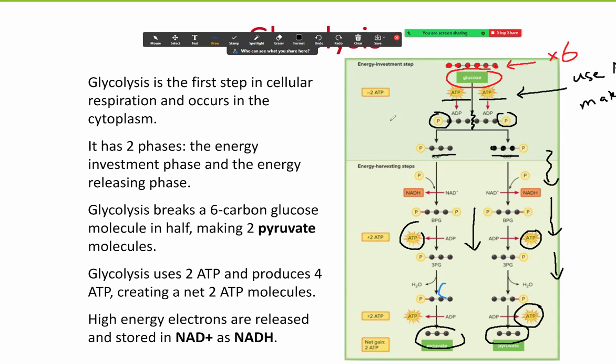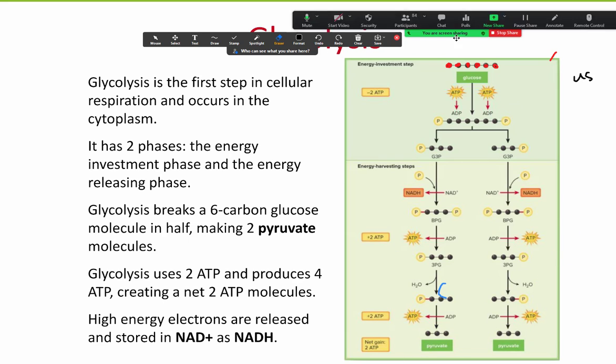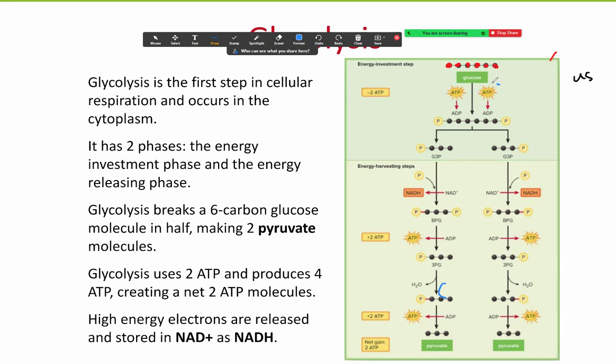So what I want you to do now is looking at this picture, and I know it looks kind of confusing, and you're like, oh my god, there's a lot of P's and ATPs and arrows and scary. So what I want you to do is look at the ATP and count for me, okay? So over here we have 1, 2, we have 3, 4, 5, and 6. All right, 6 total. Over here, we actually used 2 ATP.